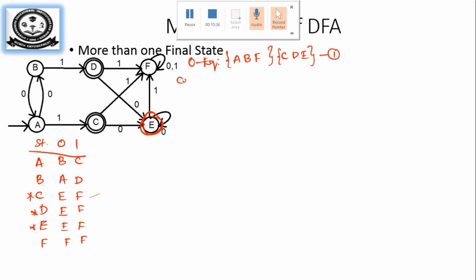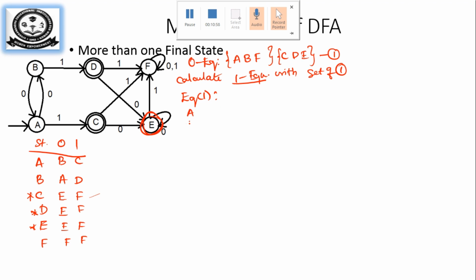So now we will calculate equivalence 1 with the sets of equivalence 0. So you are going to find equivalence 1. So you will write like this, so it will be comfortable, equivalence 1. Okay, so first we will take the ABF set.